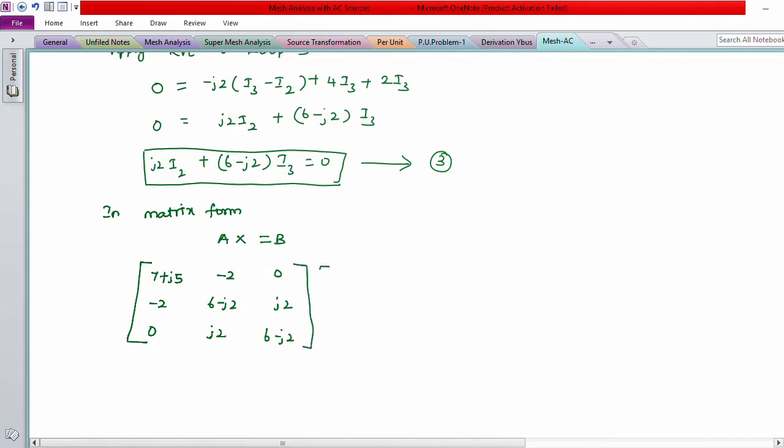The unknown currents we can write as I1, I2, I3. That is equal to the constants 100, 0, 0. Now, we have to apply Cramer's rule.